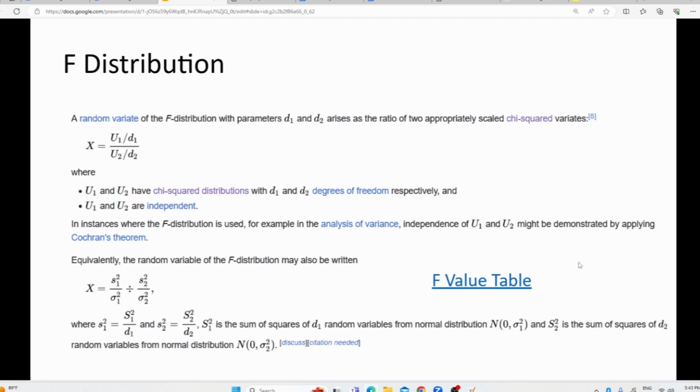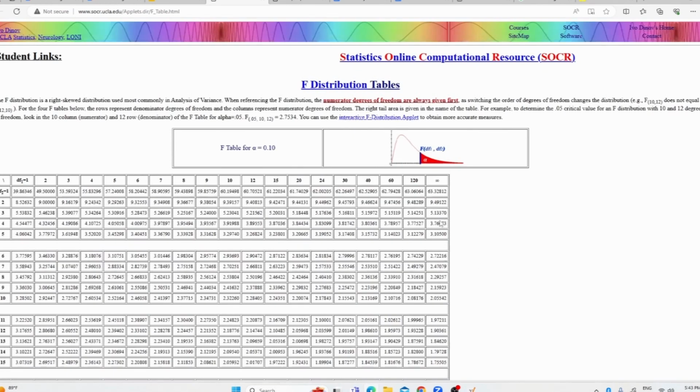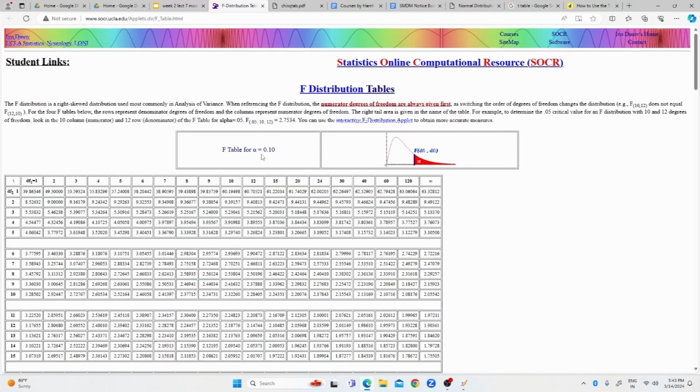Okay. Now if you see the F value table here, kindly see there are two degrees of freedom, df1 and df2. So df1 is the numerator one and df2 the denominator one. Now if you remember, in t and z we had alpha values on the top row, but here because we already have df1 and df2, this F table is different for each and every critical level.